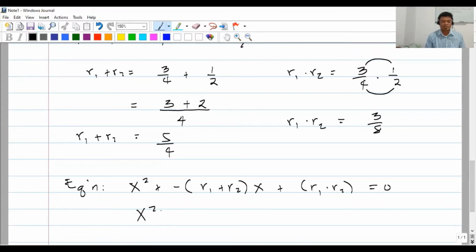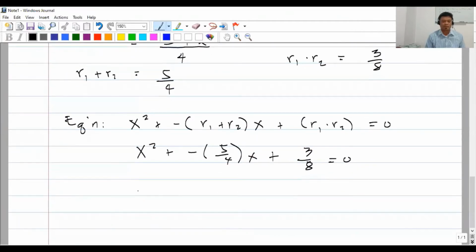Since our sum is 5 over 4 and the product is 3 over 8, we have x squared minus 5x over 4 plus 3 over 8 equals 0.